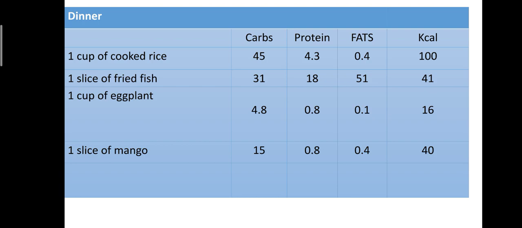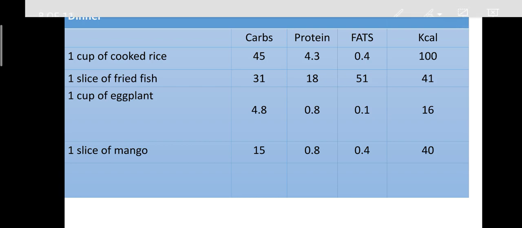And for 1 cup of eggplant, it has carbohydrates of 4.8, protein of 0.8 and fat of 0.1, and the kcal is 16. And for 1 slice of mango, it has carbohydrates of 15, 0.8 protein and 0.4 for fats, and the kcal of 40.